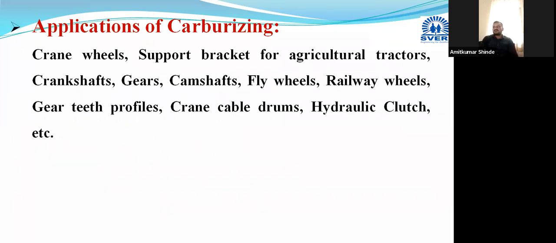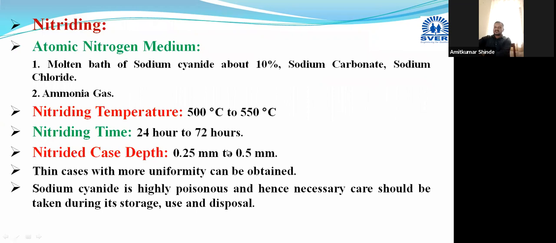You have to write a few names: crane wheels, support brackets for agricultural tractors, crankshafts, camshafts, gears, flywheels, railway wheels, gear tooth profiles, crane cable drums, then hydraulic clutches. All these components require a hard and wear resistant surface and a tough core to withstand the loading condition. On these components, we can perform carburizing. This is the application.